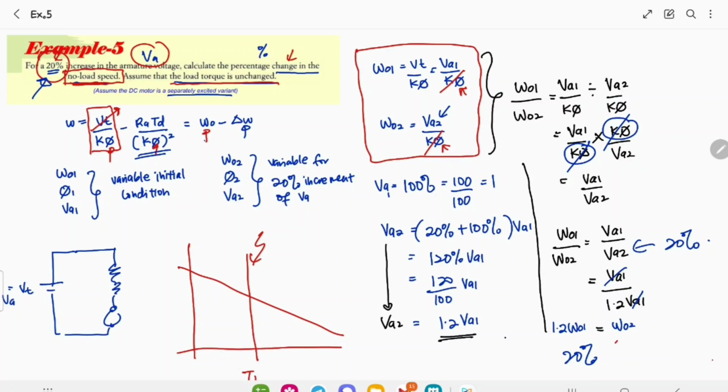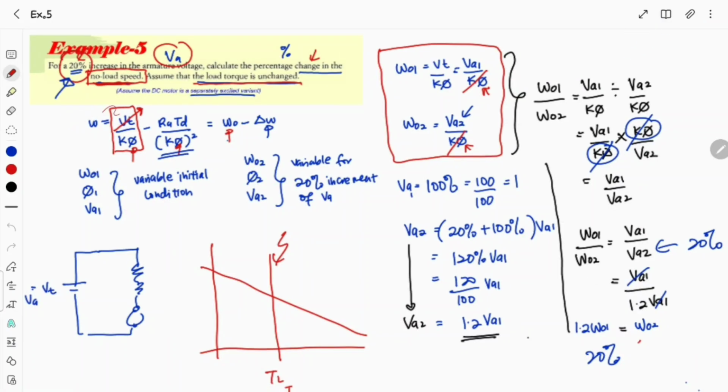You just need to know the right equation and what the circuit is, whether it is a series, separately excited, or shunt. Different circuits will give different effects, but they share the same characteristic of DC motor behavior.